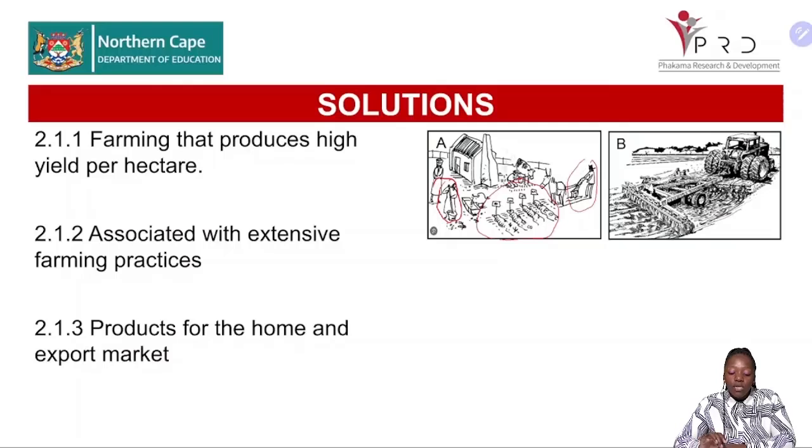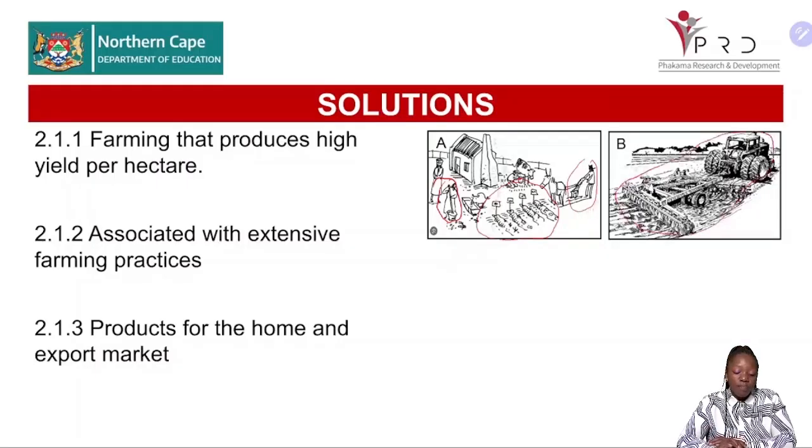So therefore, it's supposed to tell you that this is small scale farming or subsistence farming. Then at B, we realize that they are using equipment, which is the tractor, and there is a large area that they are farming, which means this is commercial farming or large scale farming.